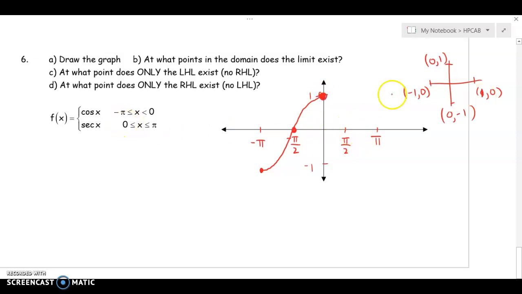At pi over 2, 1 over 0 is undefined, so that's going to be an asymptote. And then at pi, 1 over -1 is -1. The typical secant graph looked like a bunch of parabolas. So this is going to go like this, and this is going to go like that. I'm just drawing part of the secant curves.